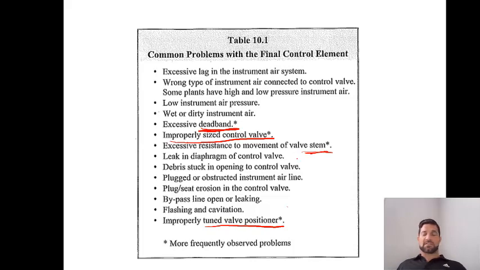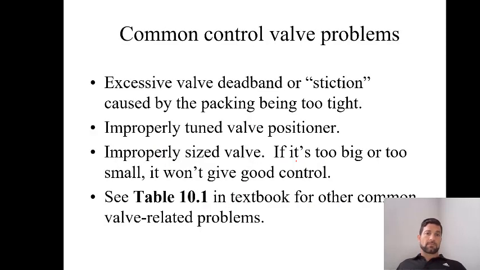Perhaps something has accumulated, there's gunk that's formed in the valve and it needs to be cleaned. Okay, so we just talked about these common problems associated with the control valve. Again, looking at the table, you can figure out what some other problems might exist as well.